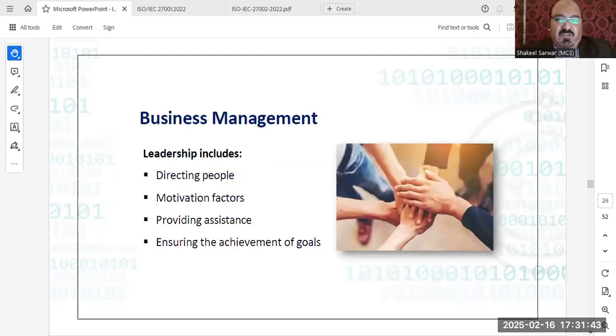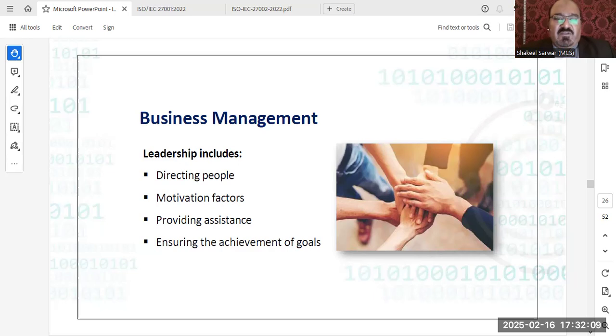Business management: the leadership, decision making processes, and governance structure within the organization. Strong management commitment is critical for the successful implementation, maintenance, and continual improvement of the ISMS. It ensures resource allocation, policy enforcement, and alignment with organizational priorities.